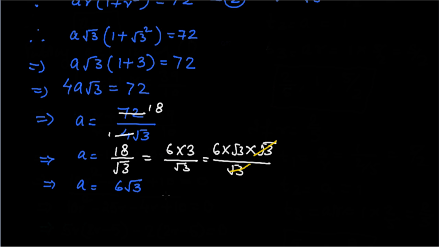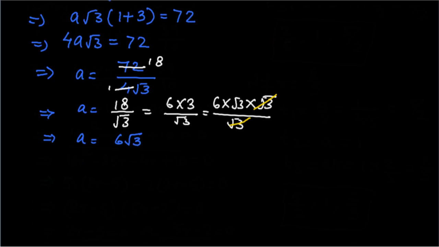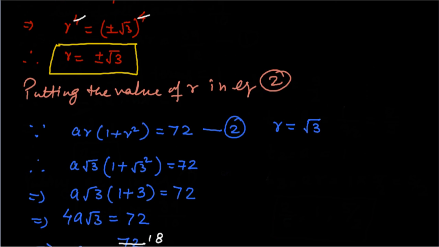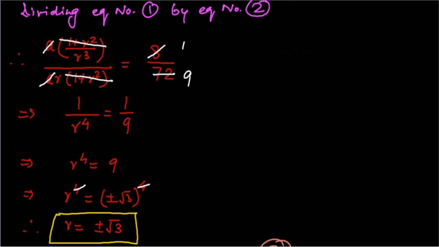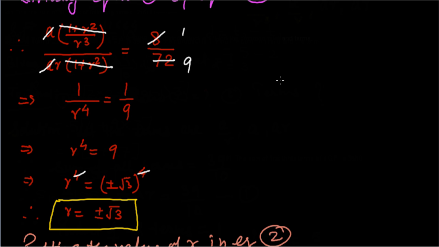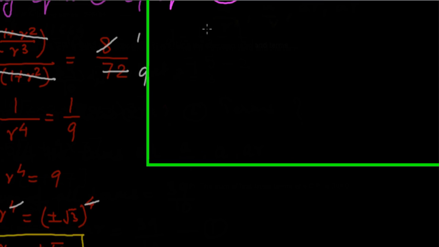Now we can easily put these values in the assumptions we made. We know that T1 is A upon R cube.